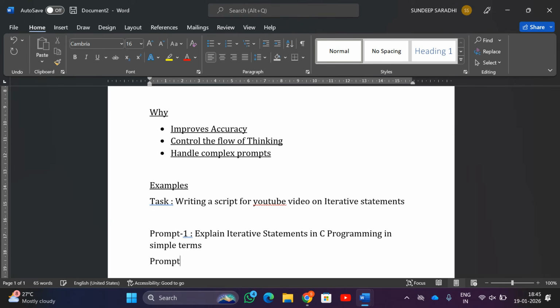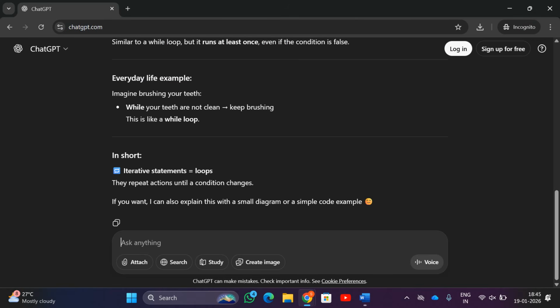Now I'll go with the next prompt. Always remember you have to give the words "using the given explanation." The next prompt should start with this particular phrase.